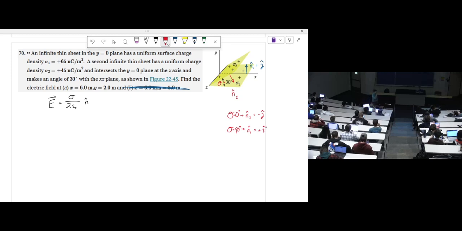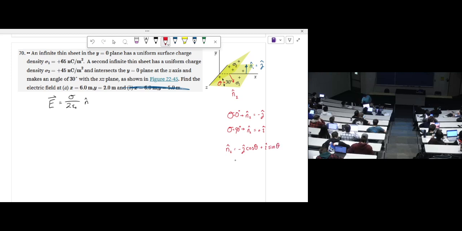It comes out to be plus i hat. Yes, that's correct. So we need to have something here that's going to, if you will, oscillate between i and j, right? And so what you end up getting is that n2 hat is equal to, it's going to be minus j cosine theta plus i hat sine theta.